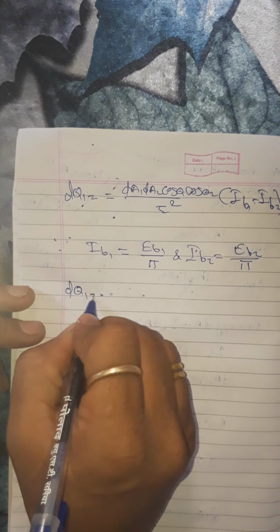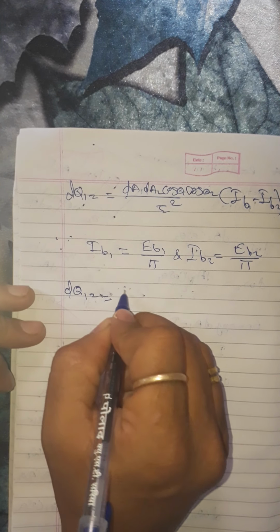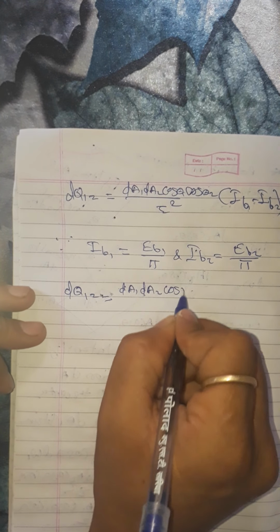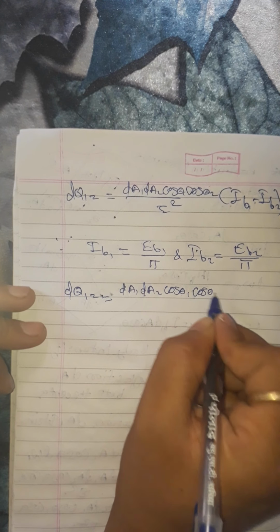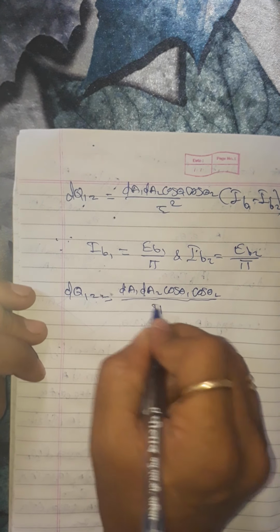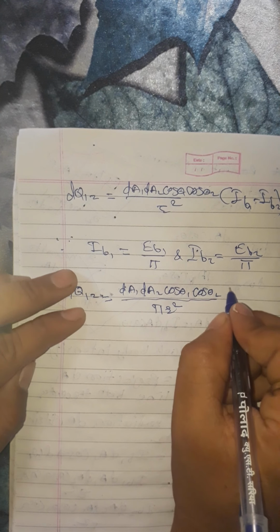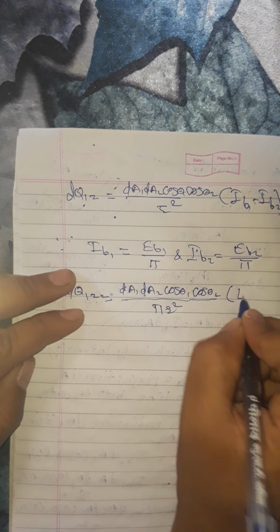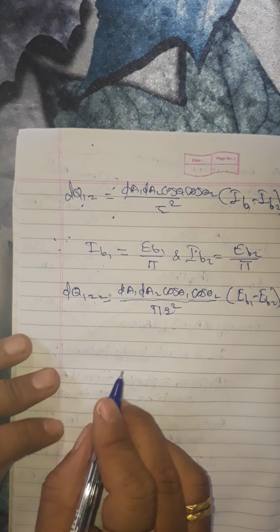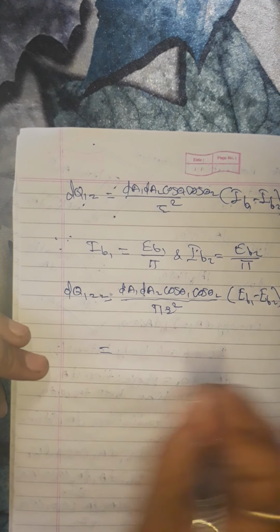So dQ1 to 2 is equal to dA1 dA2 cos theta 1 cos theta 2 divided by pi r square, in bracket EB1 minus EB2, right? So what is energy emission?